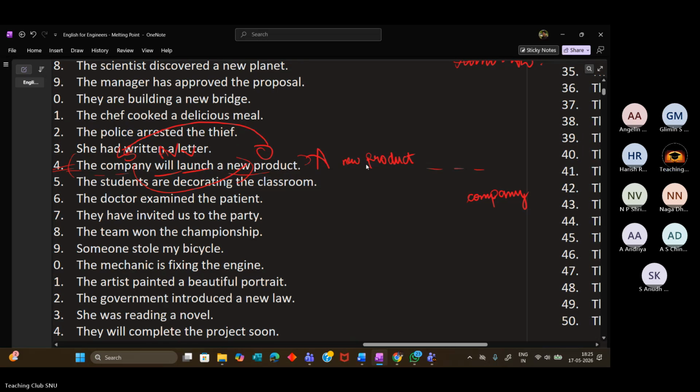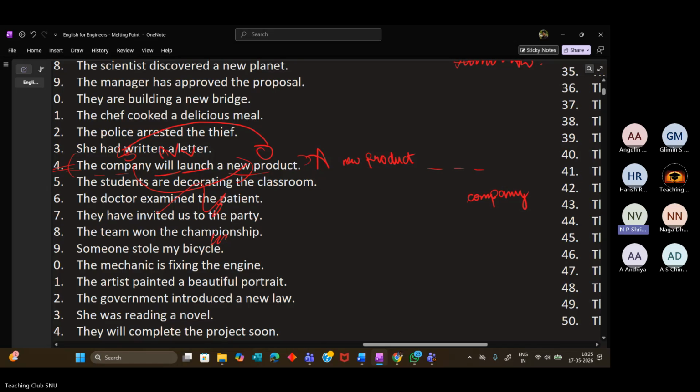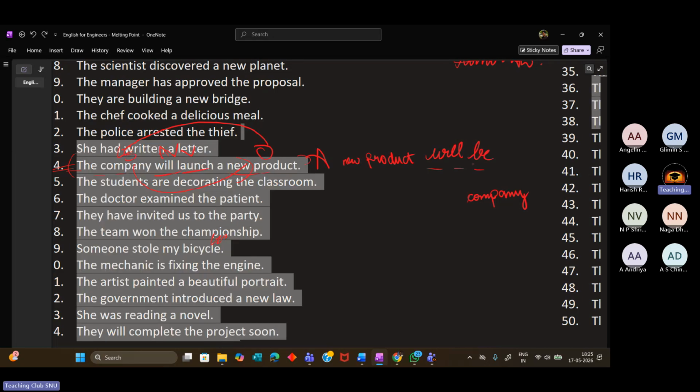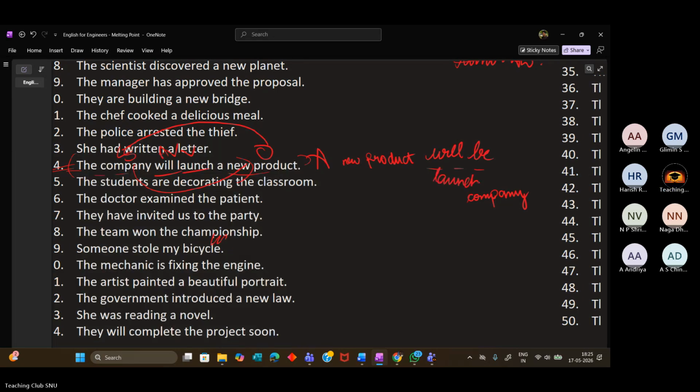So what will happen? It gets converted to passive: will be launched. Yeah, exactly. And we add a by to make the sentence have sense. Yeah, super.